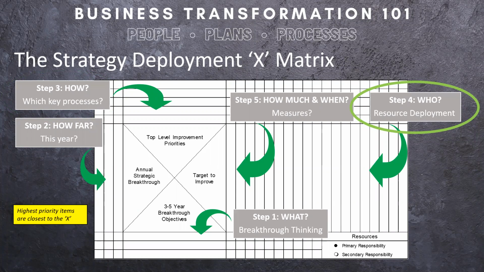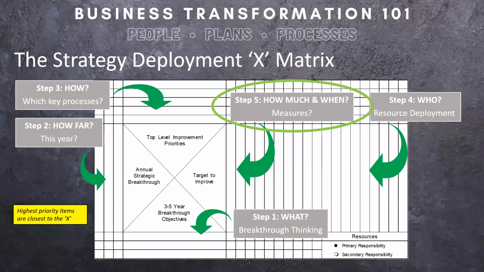The resources are listed in the far right 3 o'clock position of the X matrix. And finally, step 5 is how much and when, which defines the targets to improve, or TTIs, that will measure the progress made in achieving the improvement priorities. The TTIs are listed in the 3 o'clock position of the X matrix.